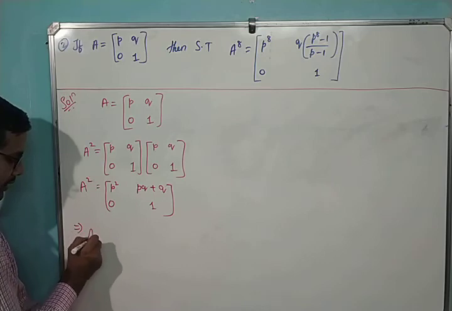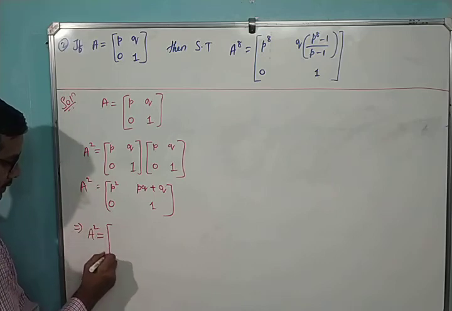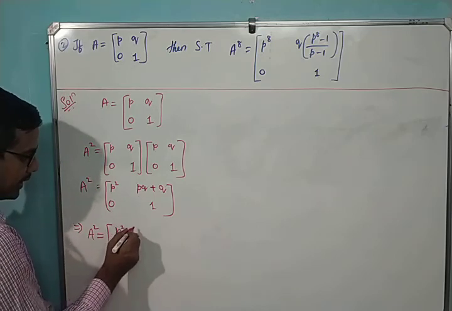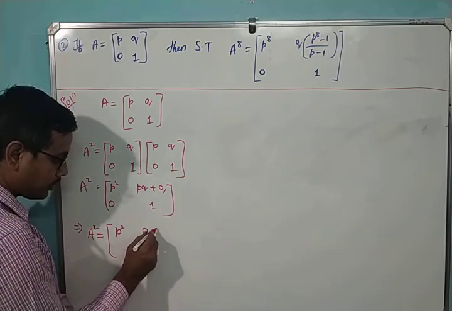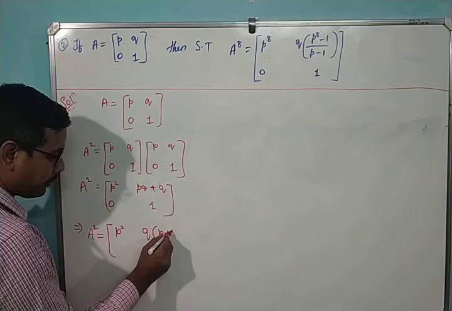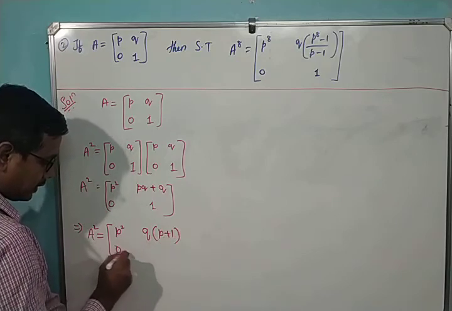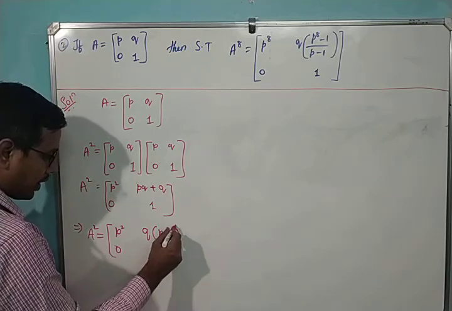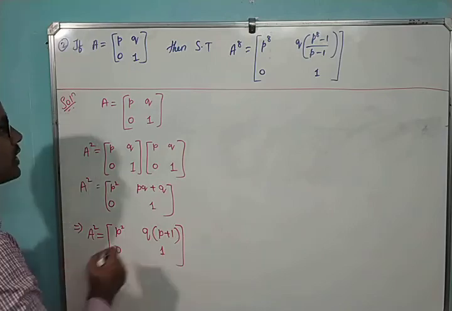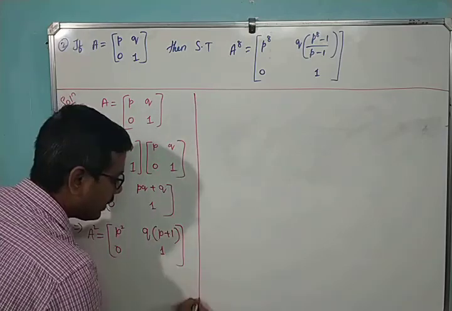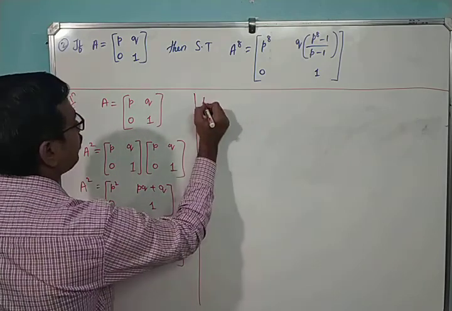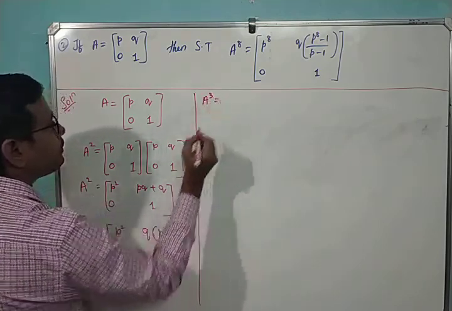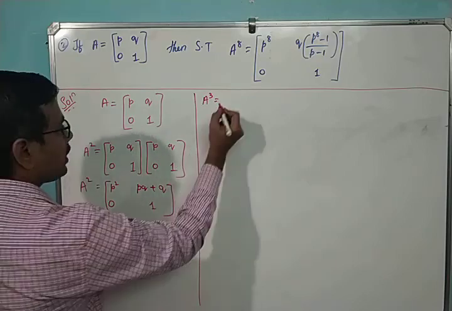So still it can be written as P square. Here I can take Q common. So if I take Q common, P plus 1, here 0, here 1, right? So this will be our A square, right? So similarly we will try to find A cube. A cube is what?